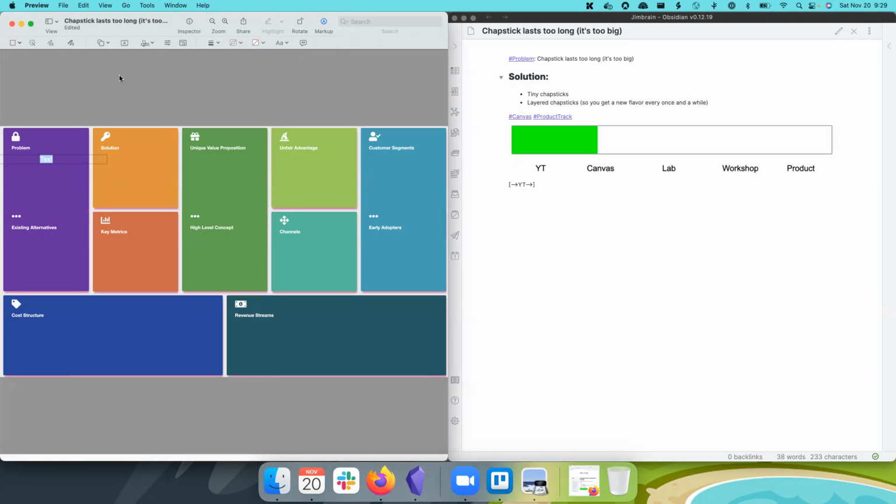All right, problem. The chapstick lasts too long. Is that still the problem we want to go with? Yeah. Well, the problem's unutilized and wasted chapstick.